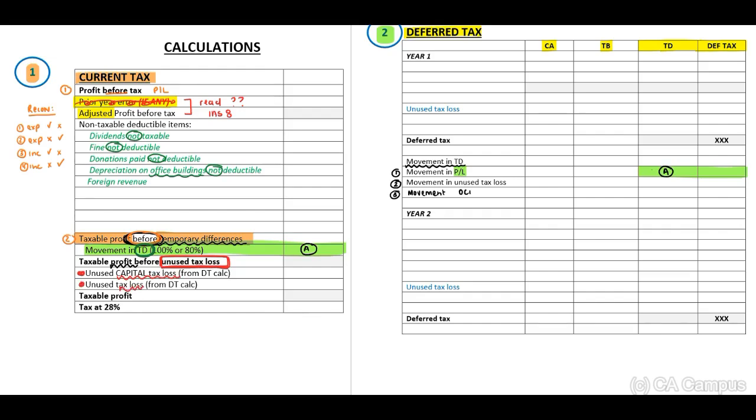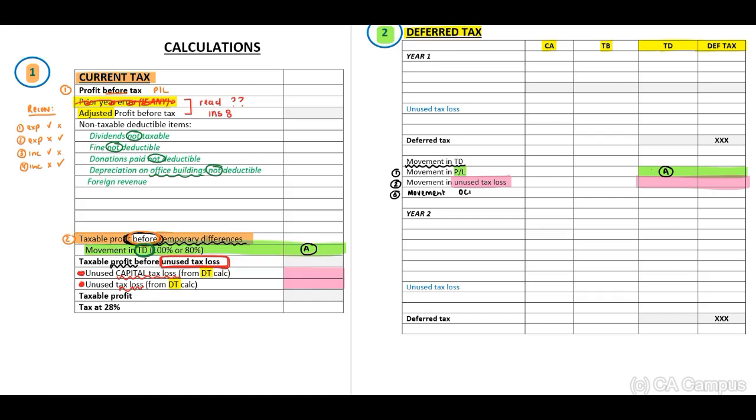Remember that you will get this from your deferred tax calculation, from your temporary difference column.